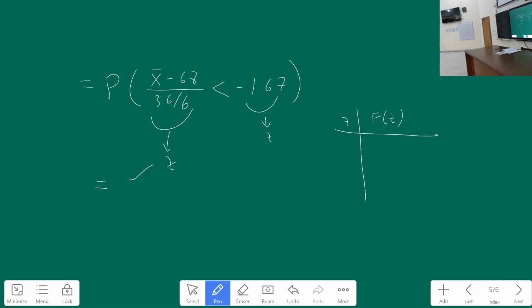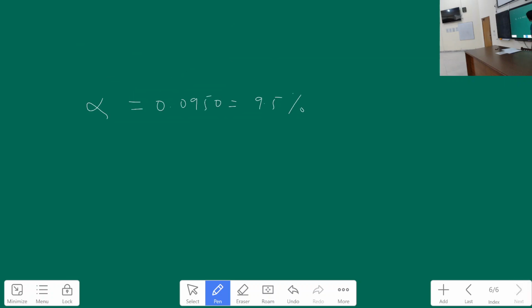For example, this was found using n equals 36, a sample size of 36. But if you repeat this same problem with a sample size of 64, you will actually get the probability of type 1 error as 2.64%.